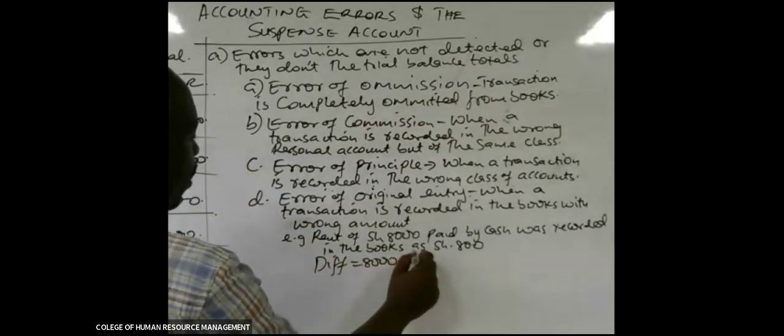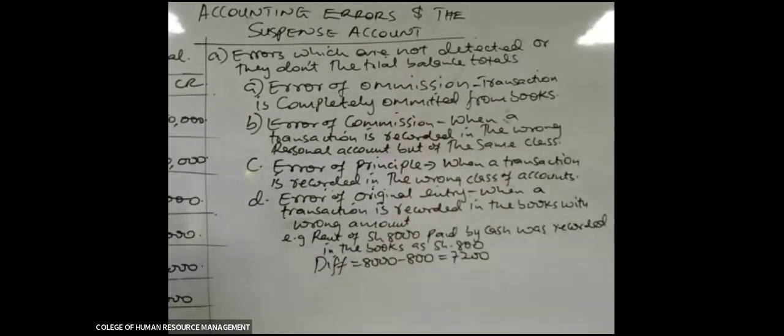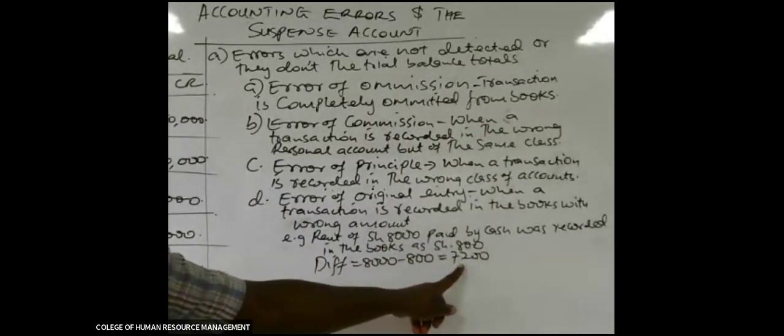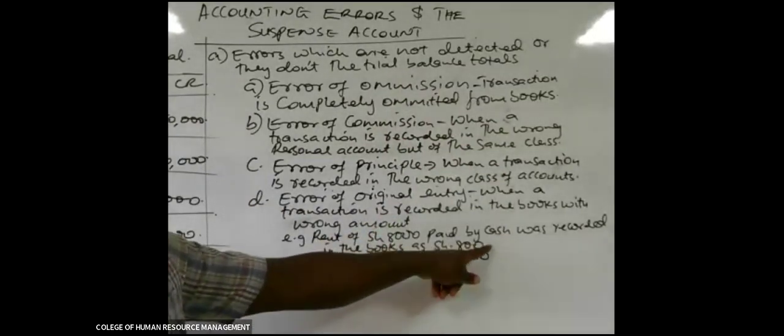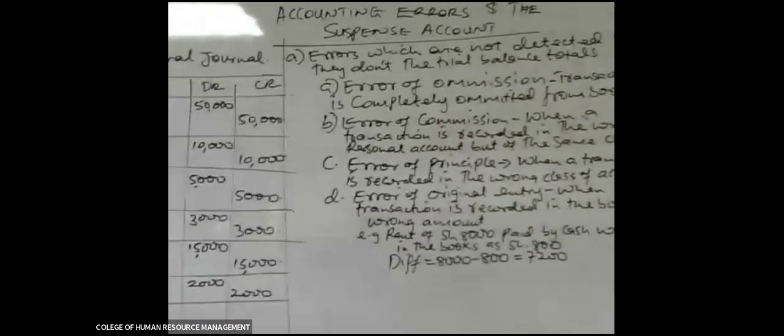8,000 minus 800, we used 7,200 less in each account. Rent account, we posted 800, so 7,200 was never used. Cash account, we used 800, we never credited 7,200. So here you will now rectify the error.